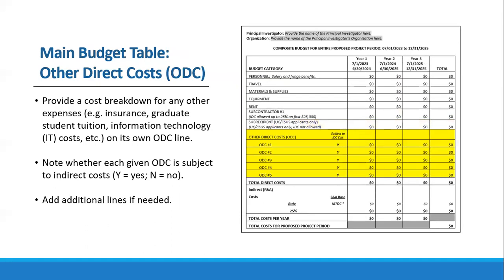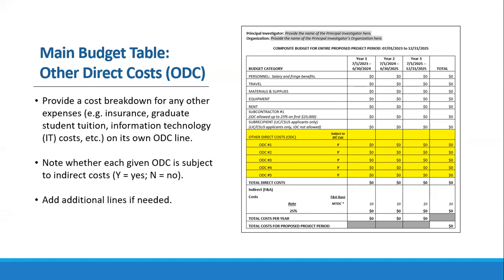Then this large list of ODCs, or other direct costs, and this is essentially anything that doesn't fall in one of these other budget categories. So for each of these, provide a cost breakdown for things like insurance, graduate student tuition, information technology. That's not an exhaustive list. There's many things that might qualify as other direct costs.